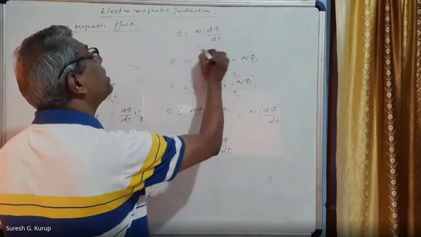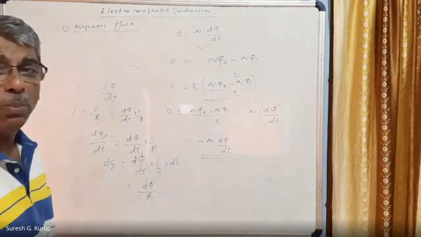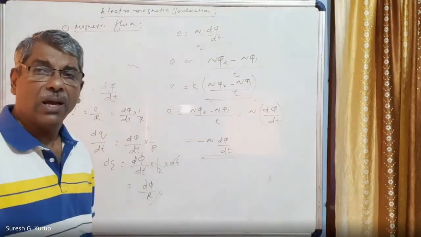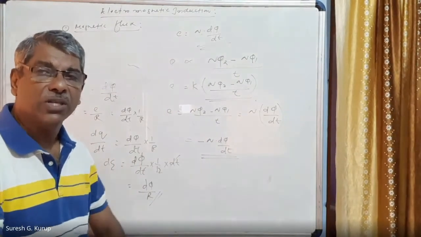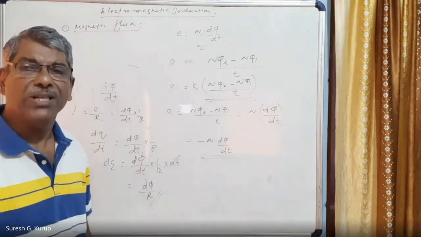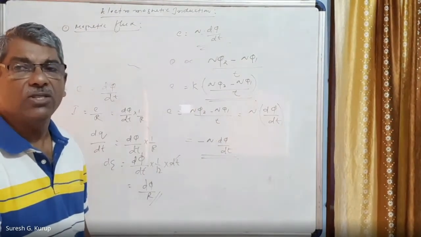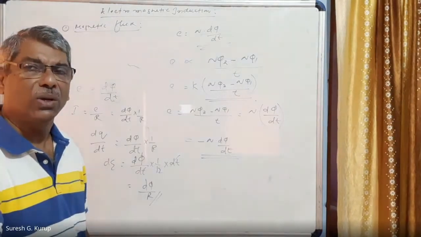So remember this. N is the number of turns in the coil. If a coil is placed in a magnetic field and there is relative motion, then the flux linked with the coil changes and EMF is induced in the coil, right?